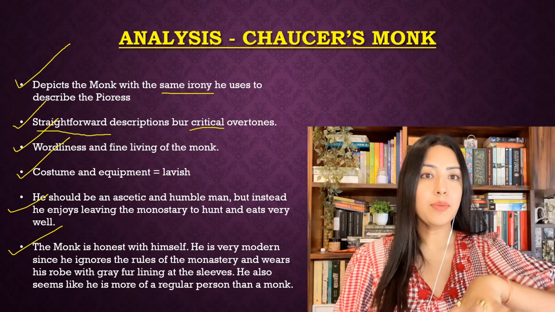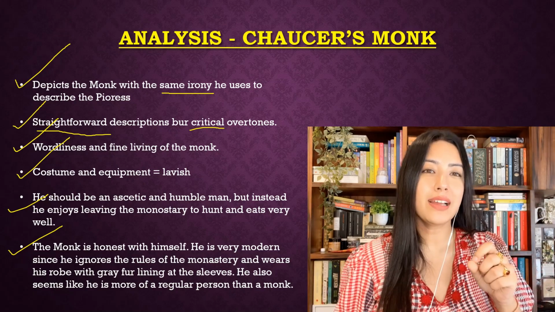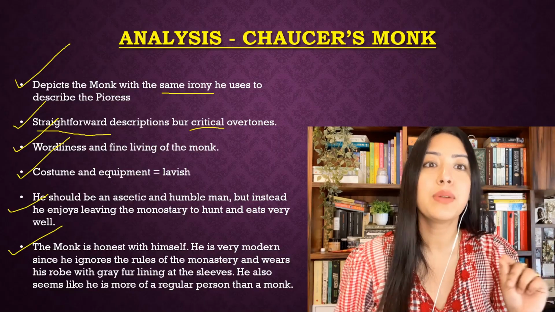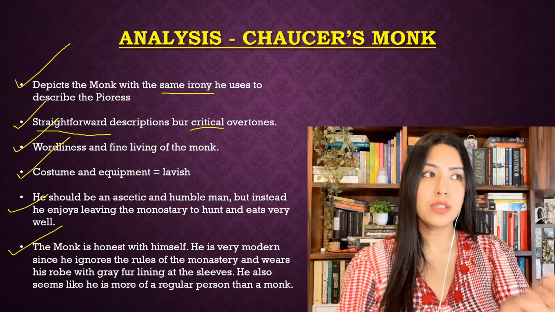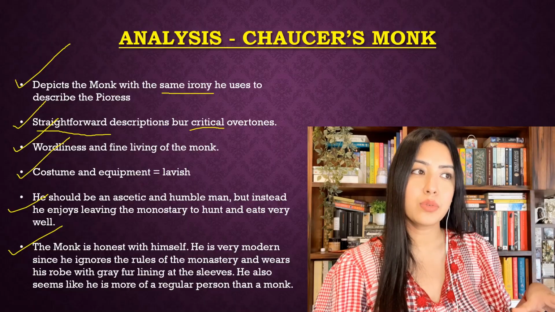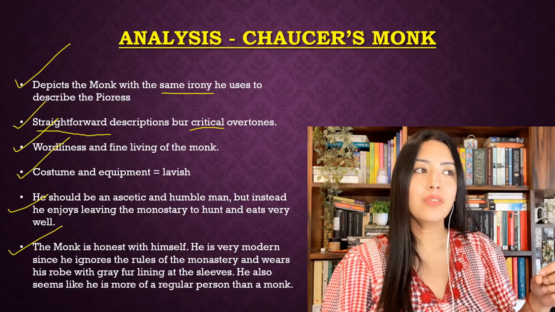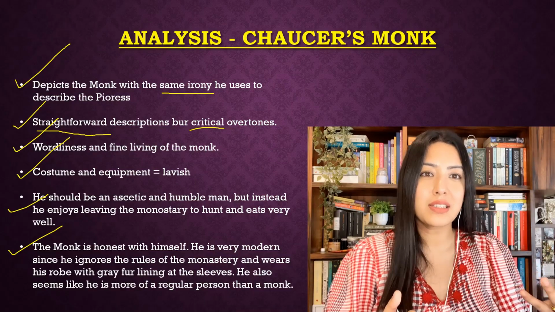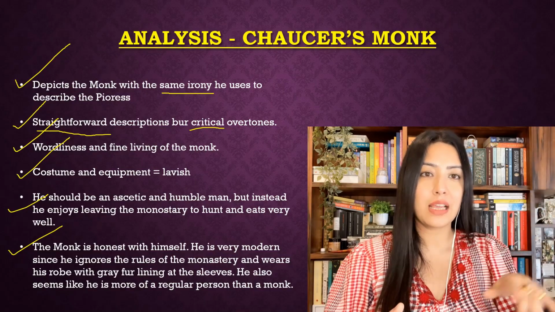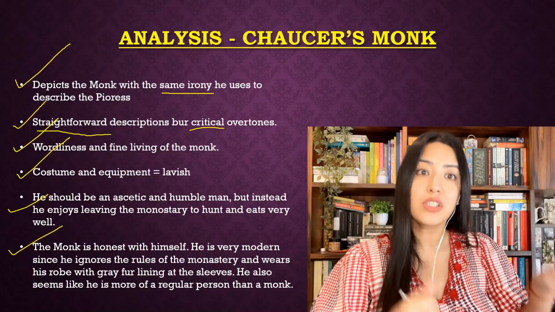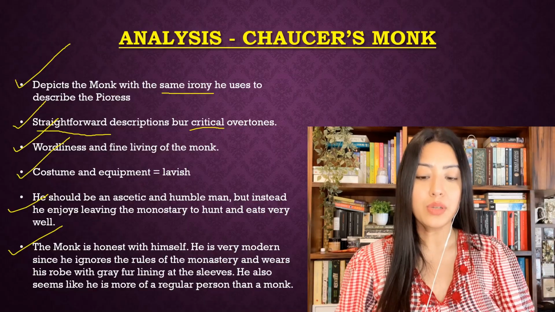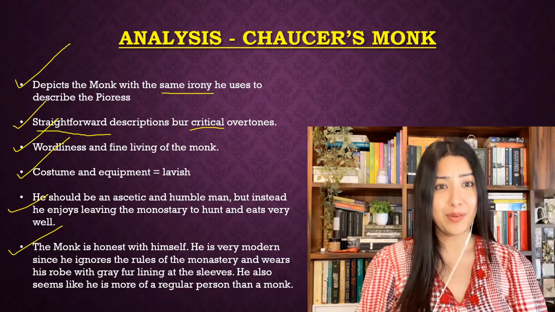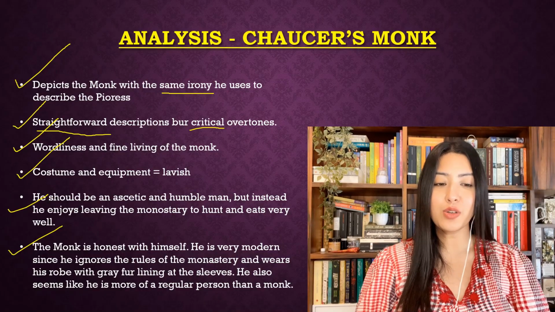But when he's talking about the monk, he's also telling us that corruption had seeped into the realm of spirituality, because you see all of these people who are connected to anything spiritual, they have all of their materialistic aspirations and wants going side by side, parallelly with their religious duties. So the monk over here seems to be more of a regular person like you and I, rather than a monk. So this is Chaucer's monk.